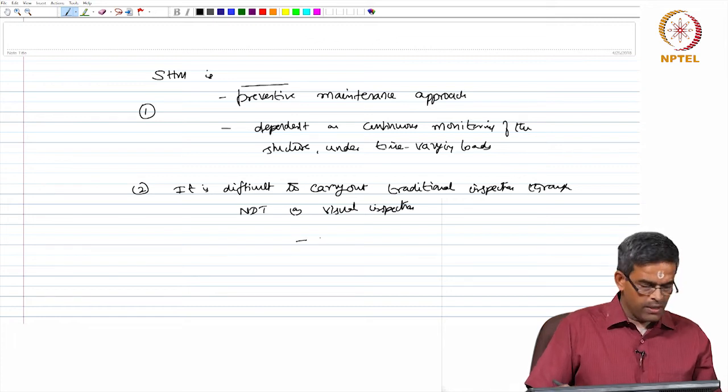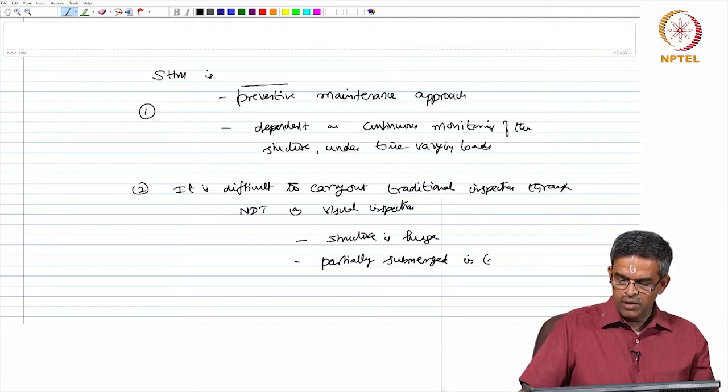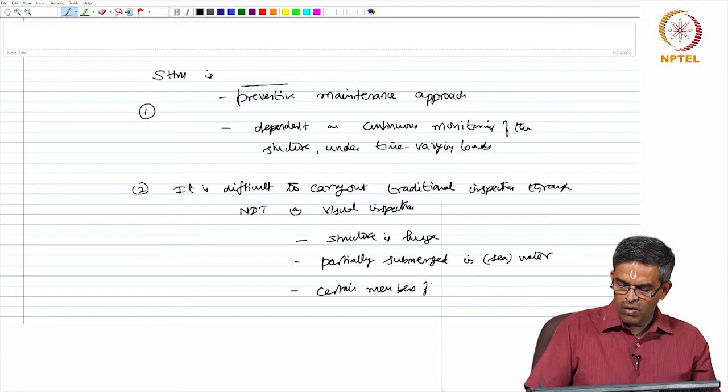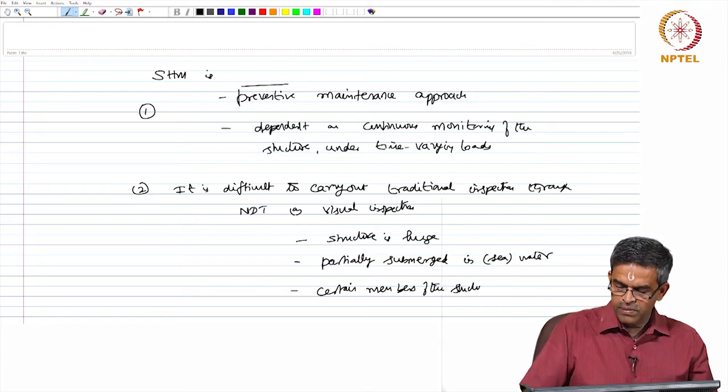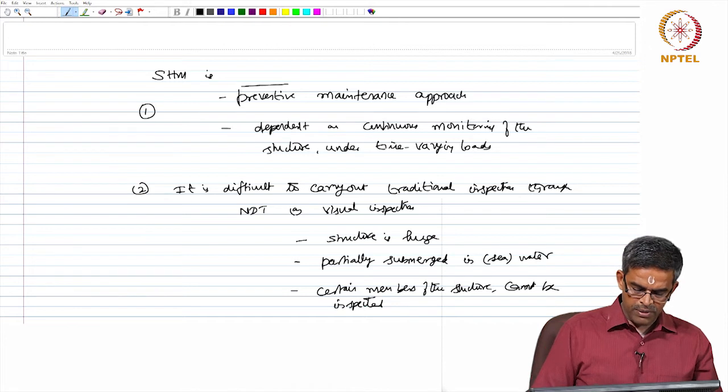The basic reason being the structure is huge, partially submerged in water, I should say sea or an ocean, and certain areas or certain members of the structure cannot be inspected. There is a limitation.